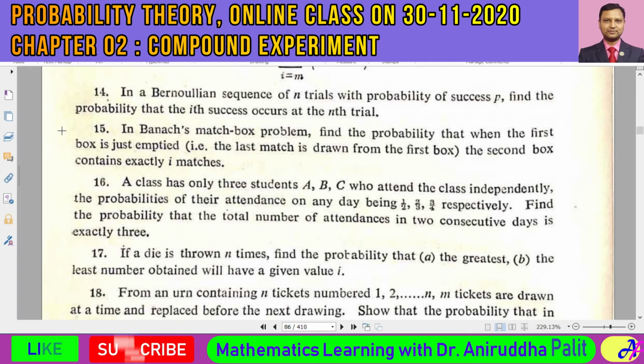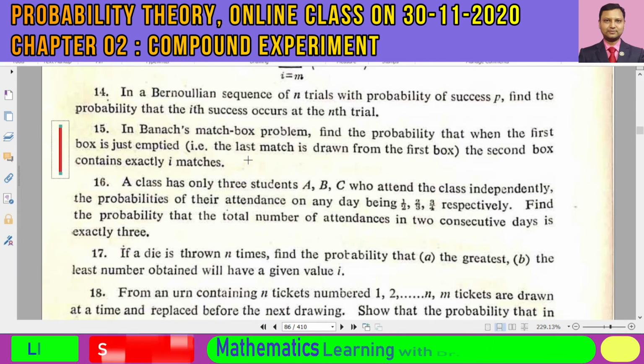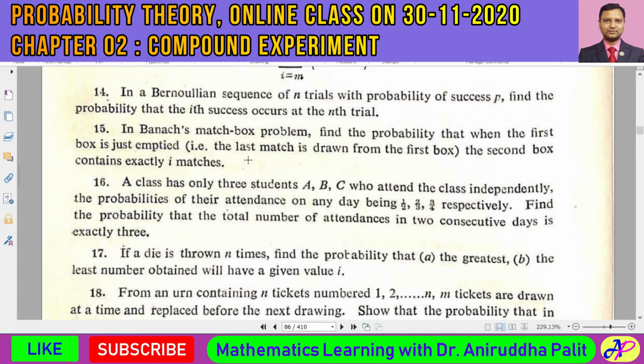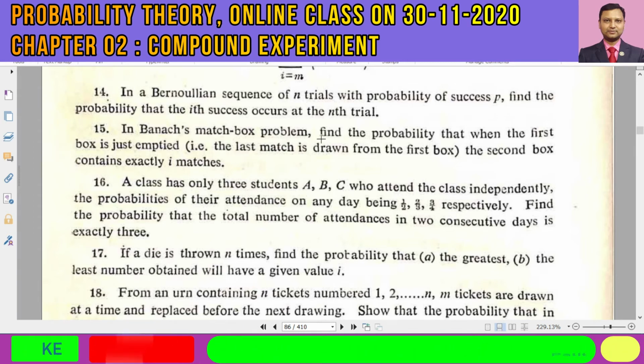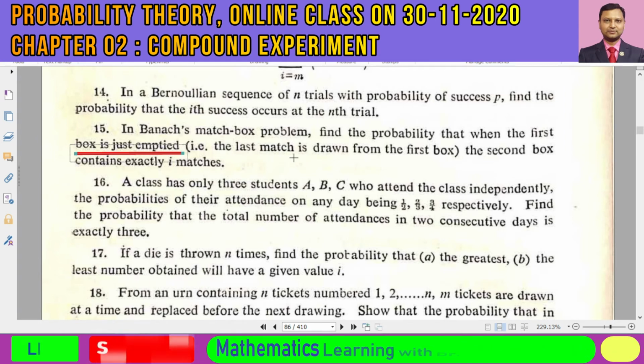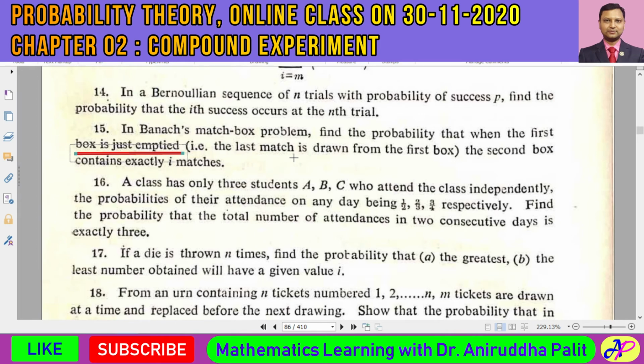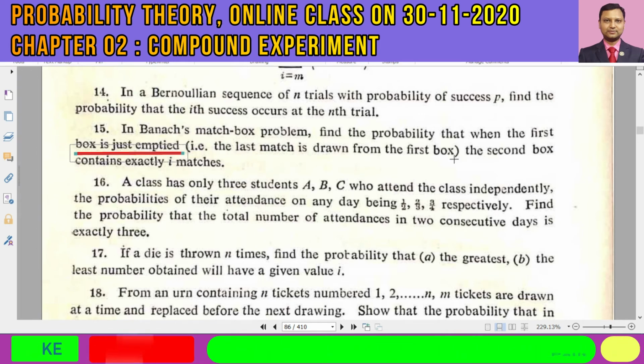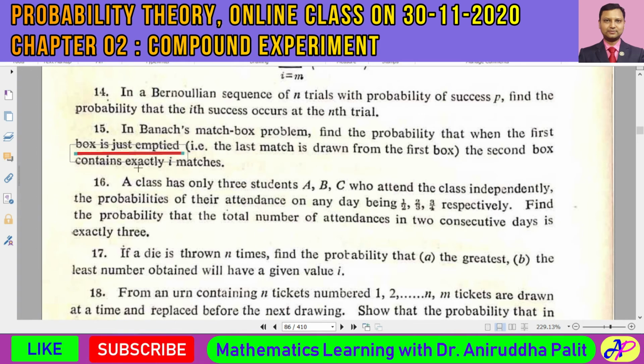Next we discuss this case. Over here it says that in the Banach matchbox problem, find the probability that when the first box is just emptied, that is, the last match stick is drawn from the first box, the second box contains exactly i matches.